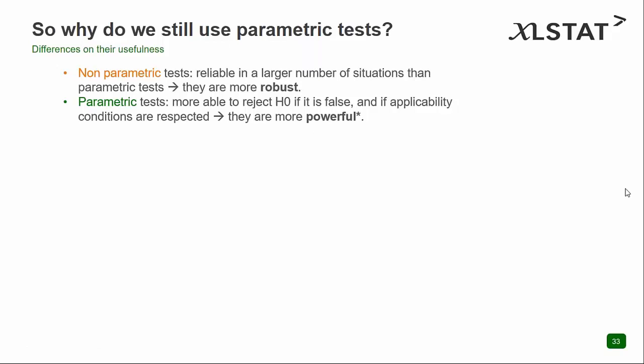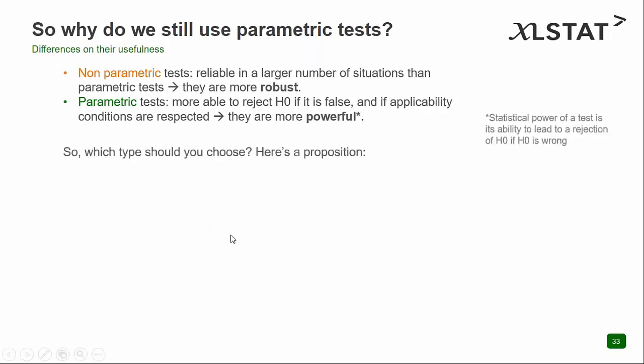If one has the chance to use parametric tests on the data they have, then it's good. Otherwise, a solution is to take non-parametric tests. So here's a framework on how to do things. It's just a proposition.